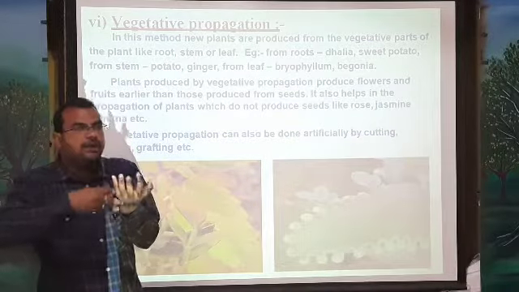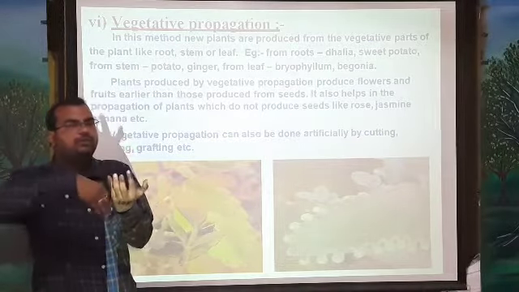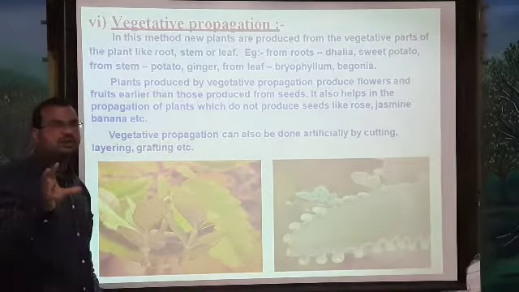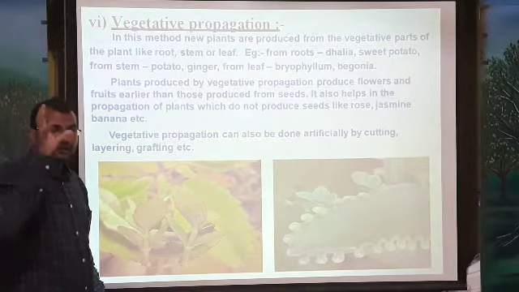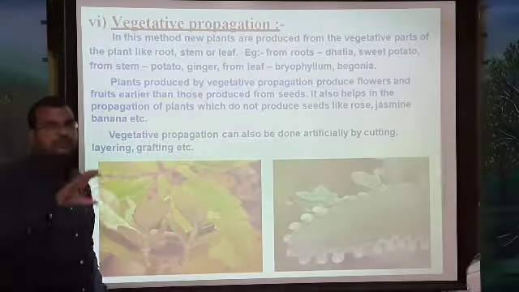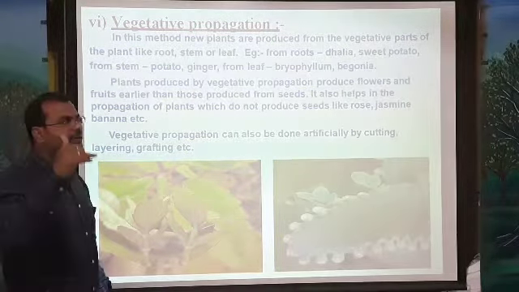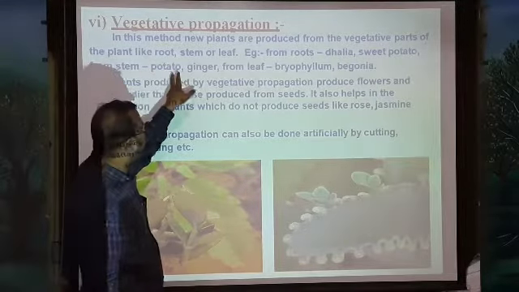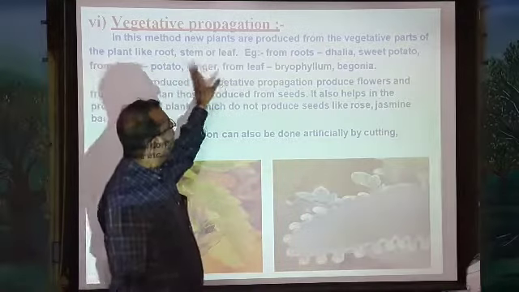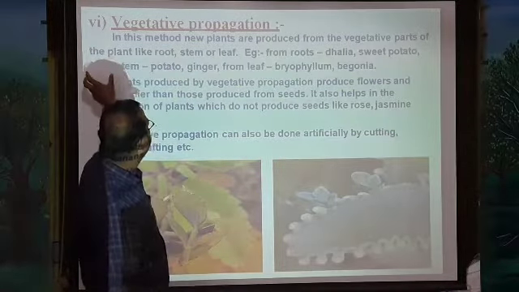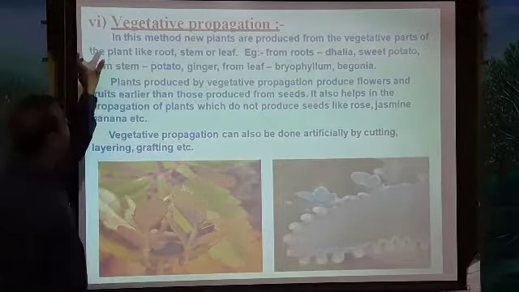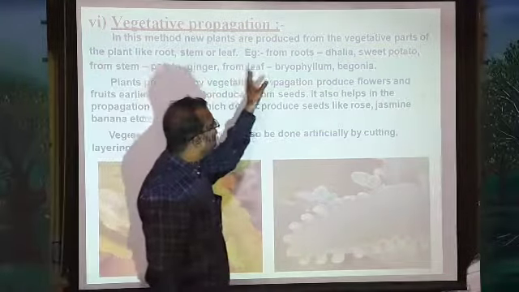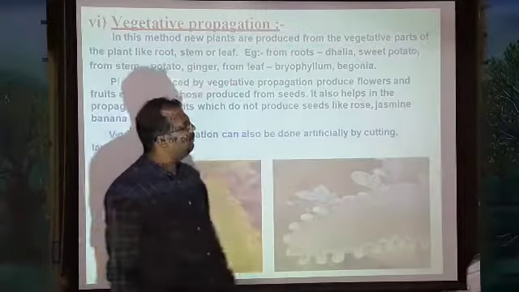So the stem is considered a vegetative part, and the vegetative part of the plant body is responsible for producing a new individual. Examples of stems are potato and ginger. From leaf, bryophyllum and begonia.